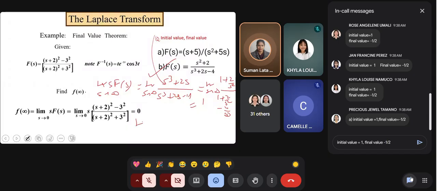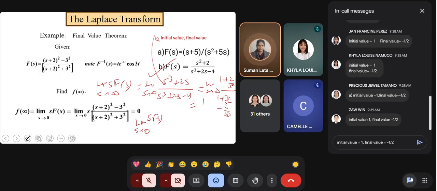And what about the final value? So for the final value, s tends to 0 of s F(s). If we put 0, what will be the answer here?